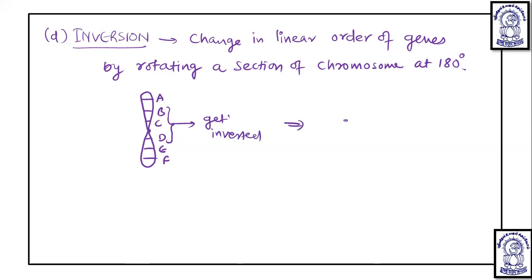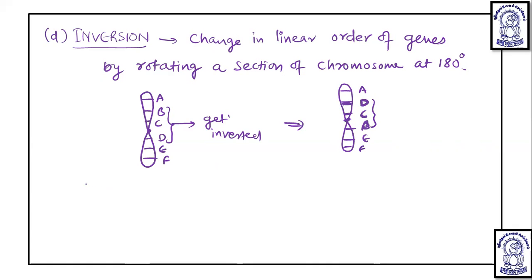So now the chromosome will look like this: A, then D, C, B, E, and F. So this D, C, and B are getting inverted. But you can see one important thing here: a centromere is getting involved. If this occurs in only A and B, converted into B and A, then there is no involvement of the centromere.